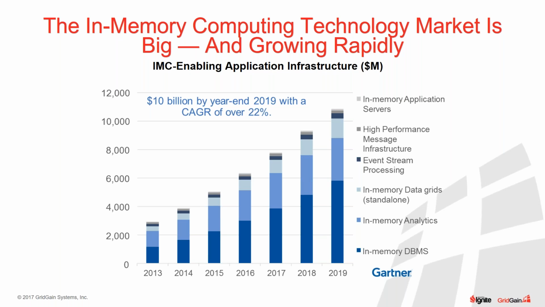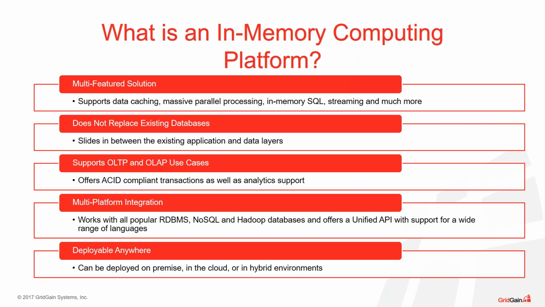And so at GridGain, we talk about providing a complete in-memory computing platform. And this means that we're not just a point solution. We have a whole bunch of things that we do in memory.